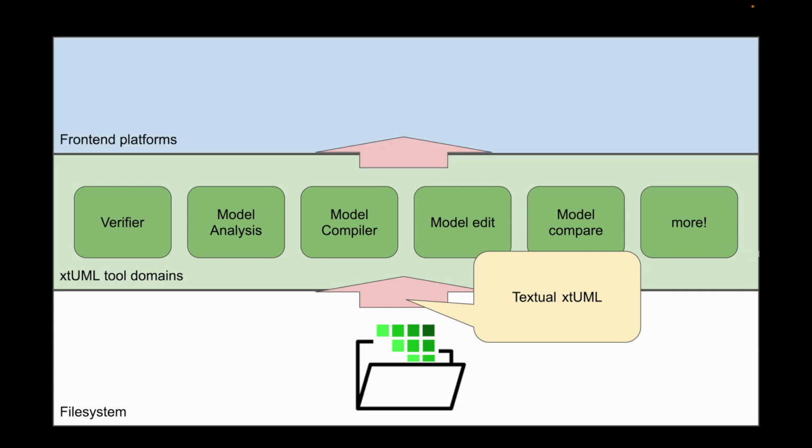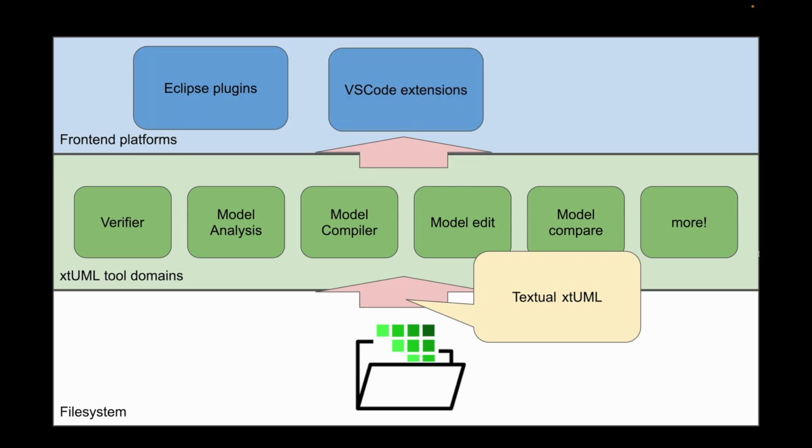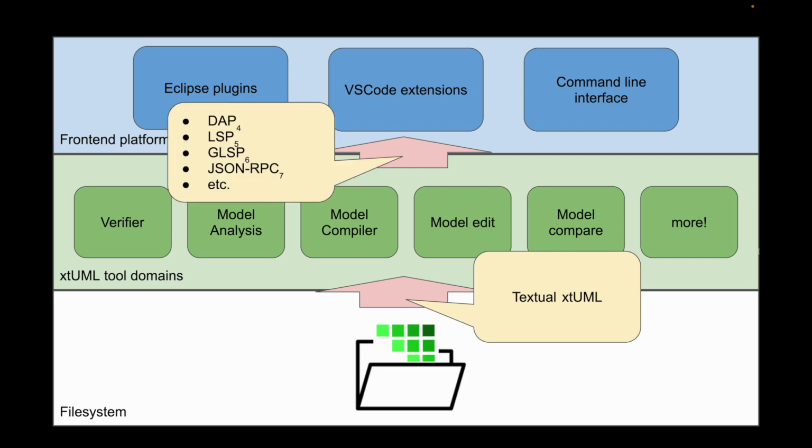At the top level, we have front-end platforms. So perhaps we have Eclipse plugins like we have today. Maybe we could have VS Code extensions, another very popular IDE. Or we could simply have a command line interface. And the exchange between the model domains and these platform domains is well known and well supported industry standard interfaces like debug adapter protocol, language server protocol, graphical language server platform, and JSON remote procedure call, and more.